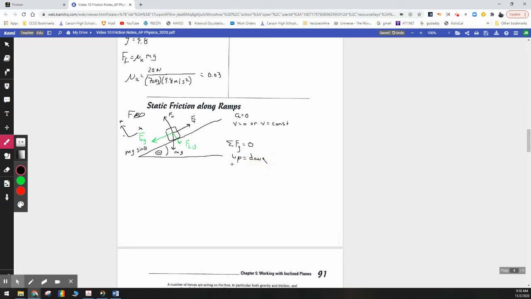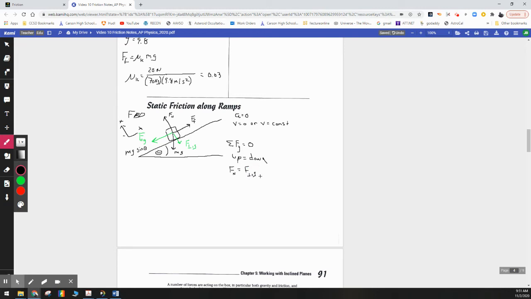All right, so the only force going up in the y direction is the normal force. Okay, the only force going down is this perpendicular force, the perpendicular component of gravity. Now, what does that equal?